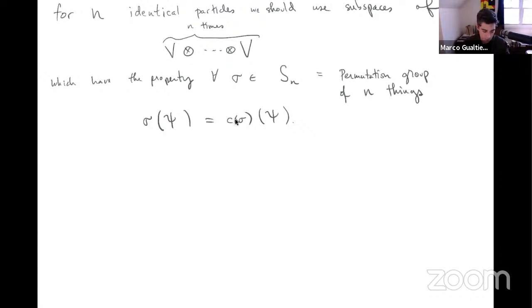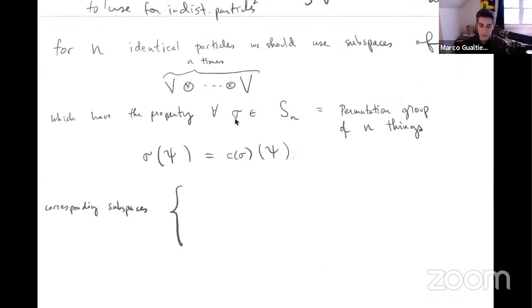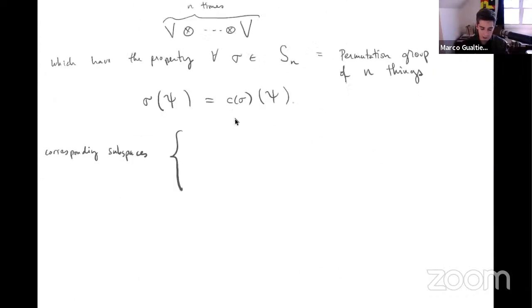So an example of this is, there's two corresponding subspaces to the two that I mentioned above, analogous subspaces like this.